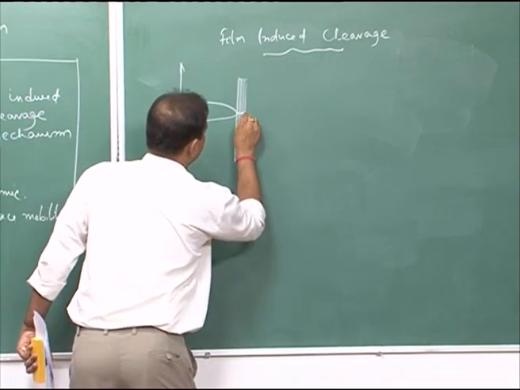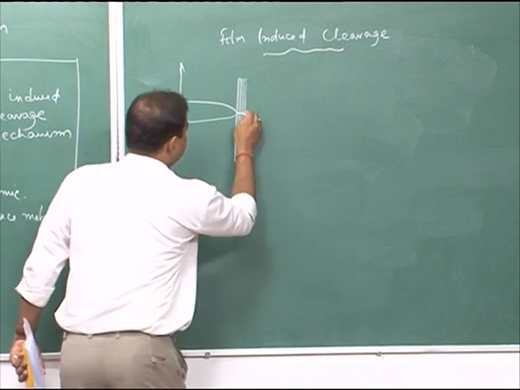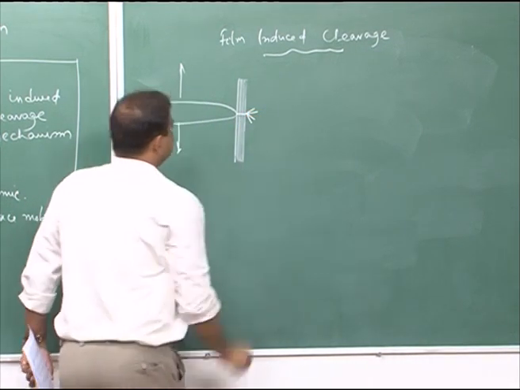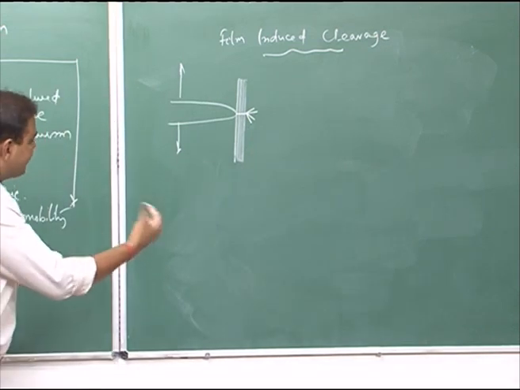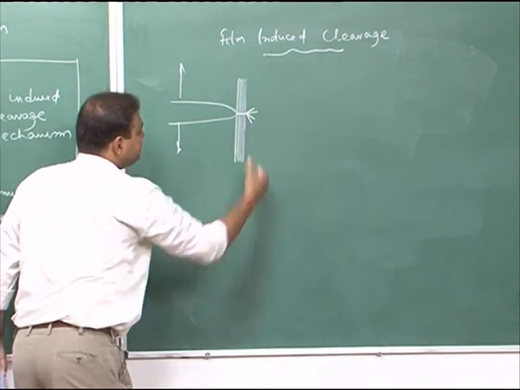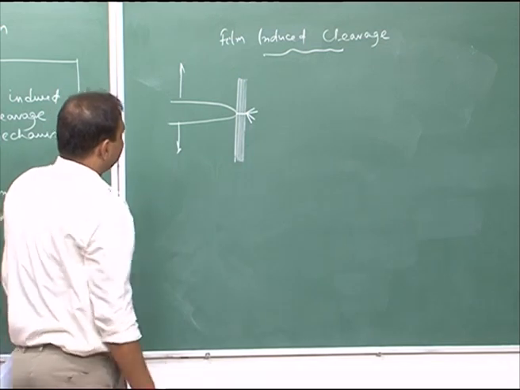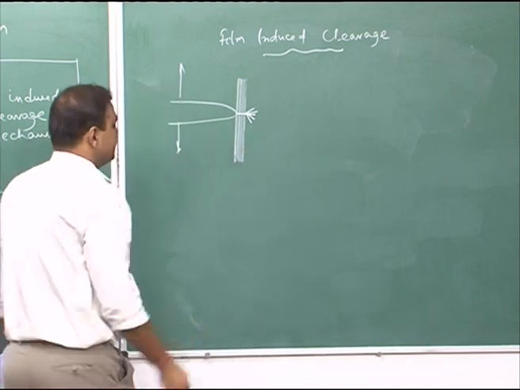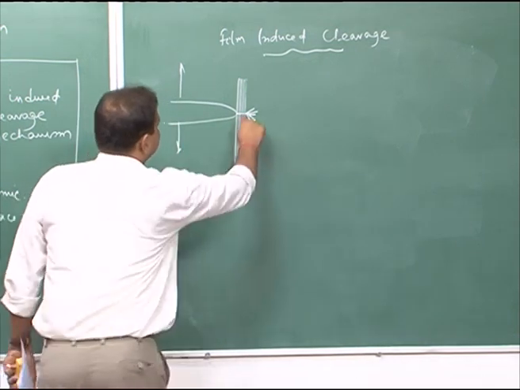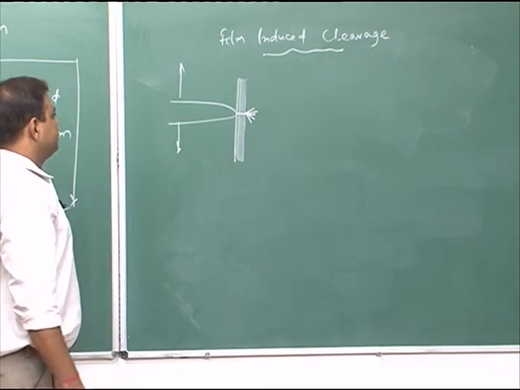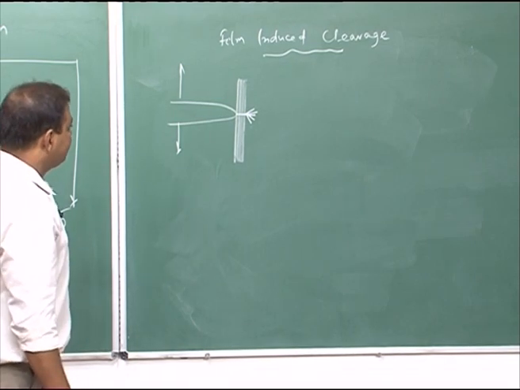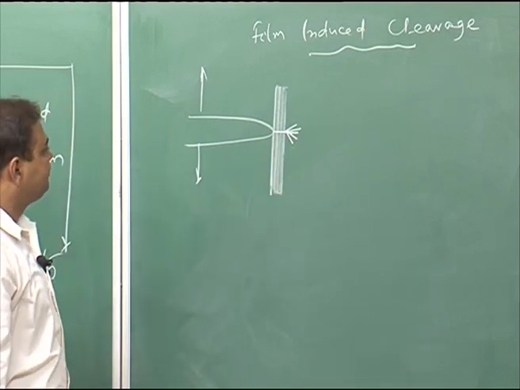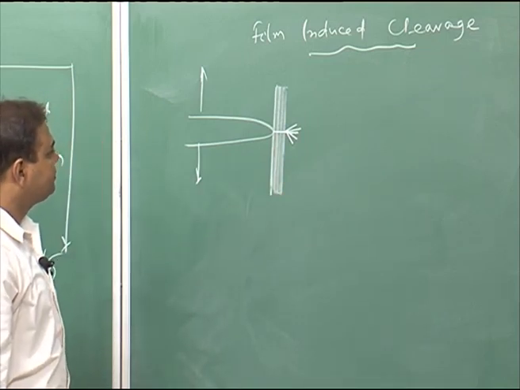So, there would be a sharp crack formation, and that crack can also get into the adjacent metal volume, and there would be a little extra growth of this brittle crack in the metal volume before it is stopped because of the tough matrix, and there would be crack tip blunting because of the local deformation.